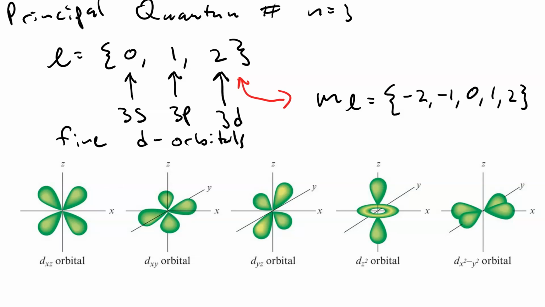The dxy orbital is in the xy plane. This is the line y equals x. This is the line y equals negative x. The dyz orbital is in the yz plane. This is the line z equals y, and this is the line z equals negative y.